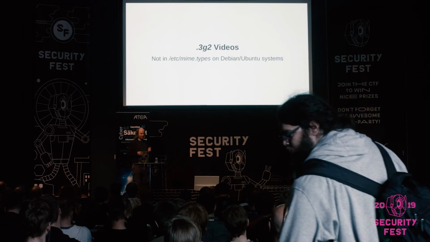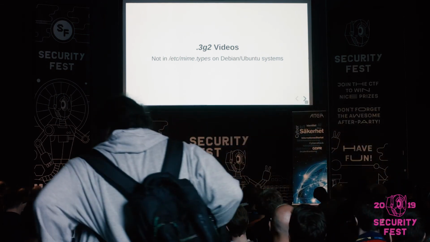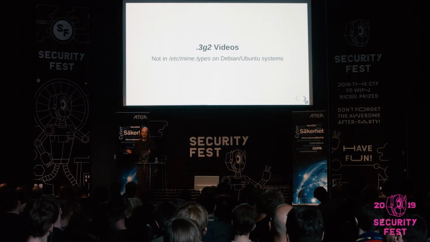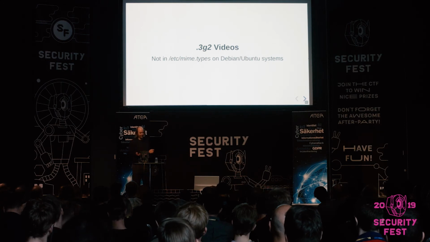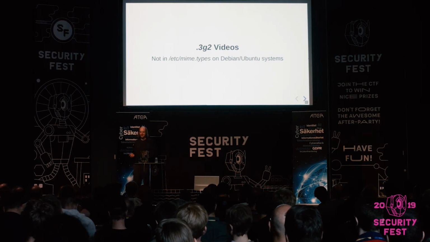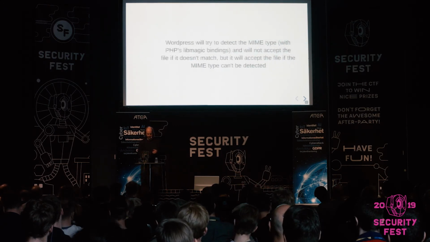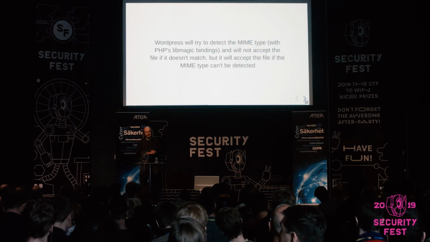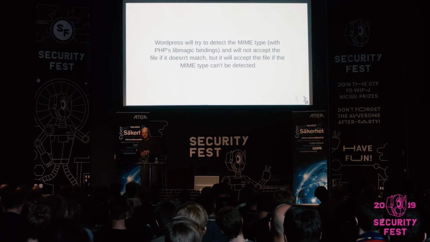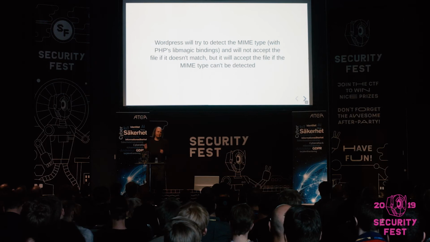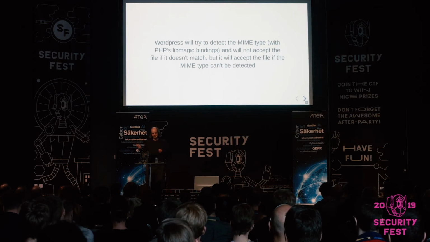The nice thing about this 3G2 is that on Debian and Ubuntu, which is very common on servers for hosting, this extension is not in the MIME types file. So there's another barrier we need here. WordPress is trying to be smart. It is by itself trying to detect the type of a file you upload.